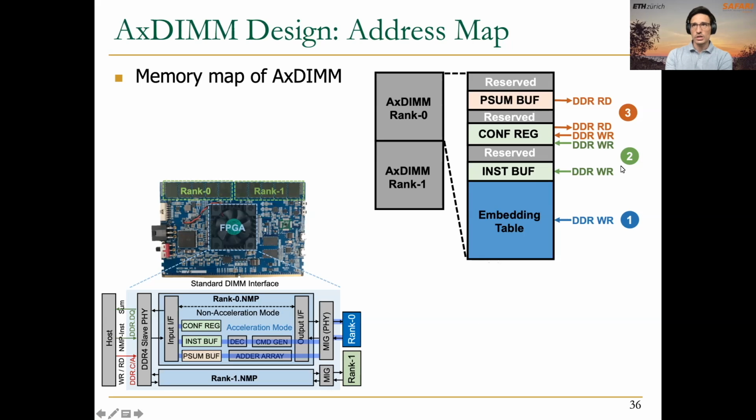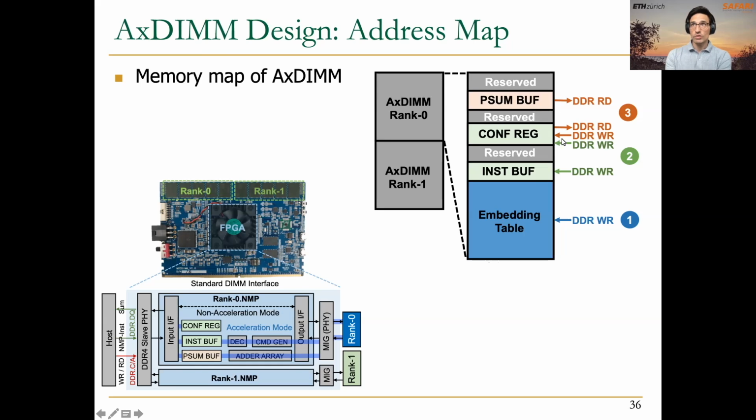Here on the right, you can see the different commands that the host processor uses to access the different addresses of the memory map. So for example, the PSAM buffer contains partial results, but at the end of the execution will also contain the final result. These results are read by the host processor.